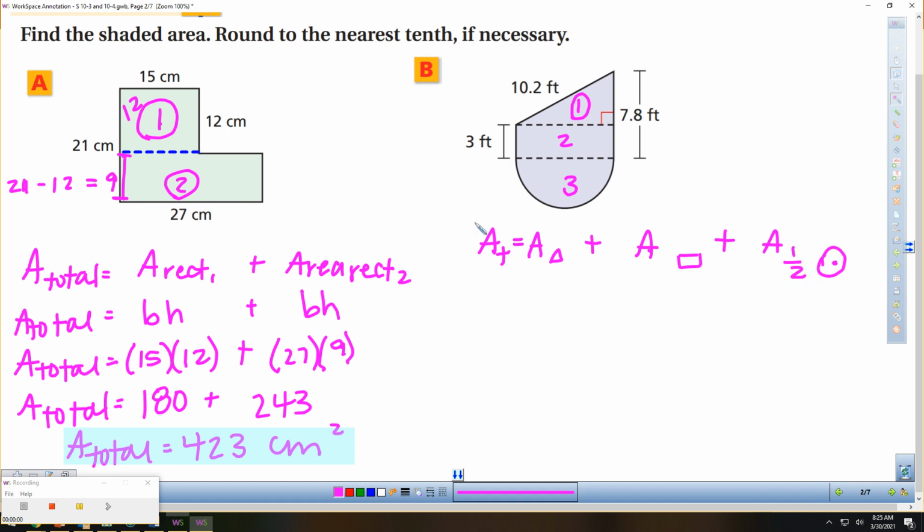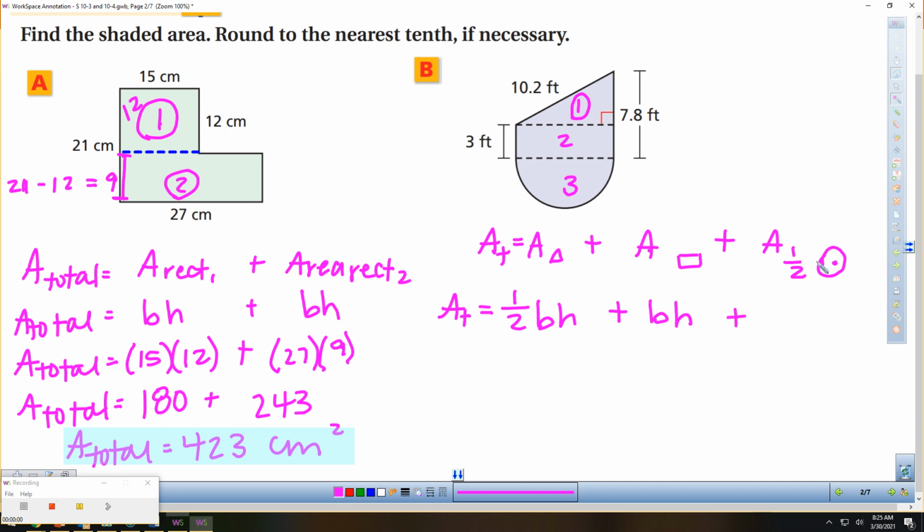Okay? So, my total area formula. What is the formula for a triangle? One half base times height plus, what's my area for a rectangle, guys? Base times height.